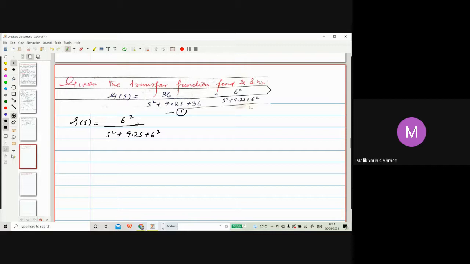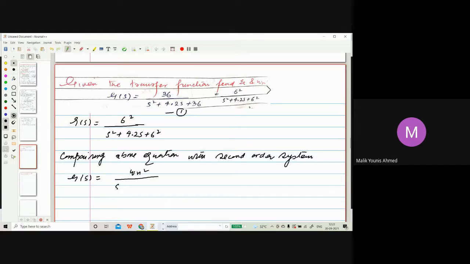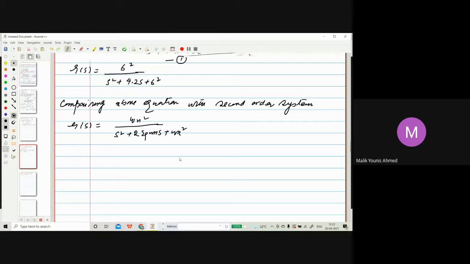So comparing this equation with the general second order system, G of s is equal to omega n square over s square plus 2 xi omega n s plus omega n square. We compare equations 1 and 2.